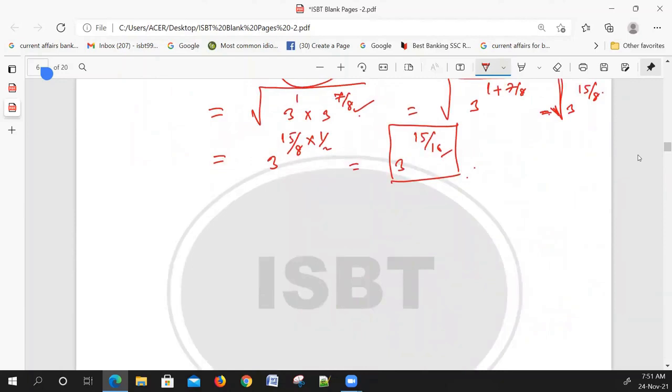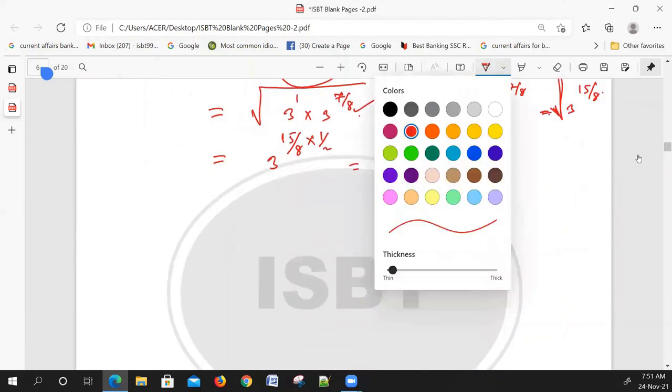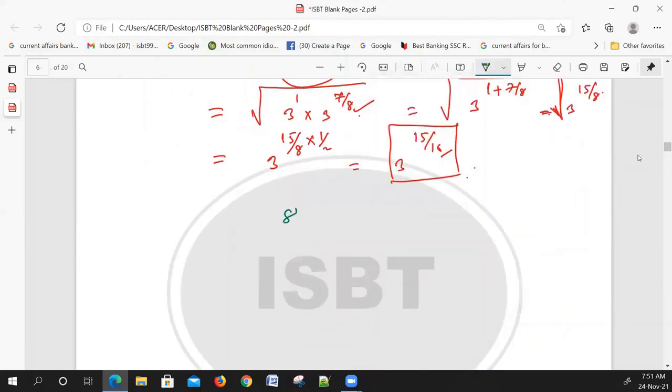इसे हम लिख सकते हैं. This is a very interesting shortcut method. Just apply the shortcut method and get the answer in just 5 seconds.